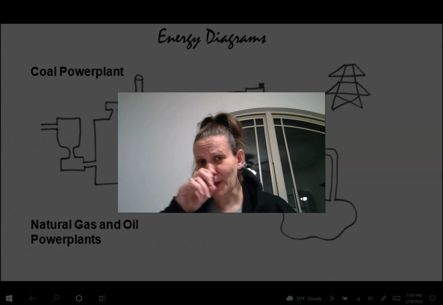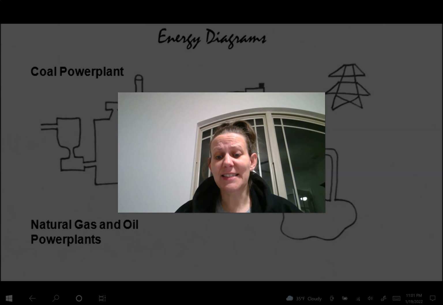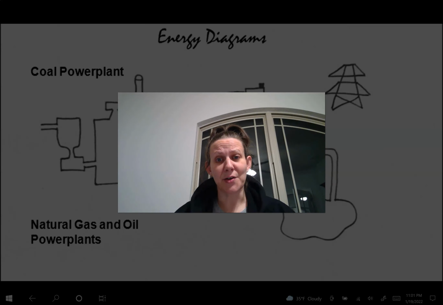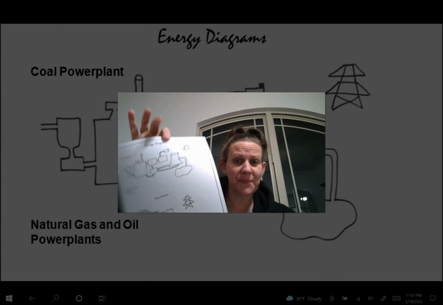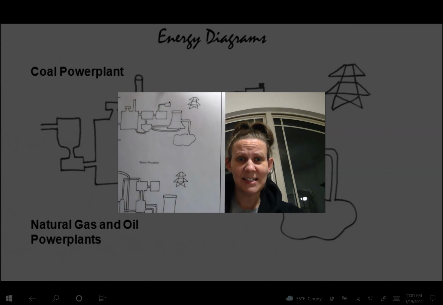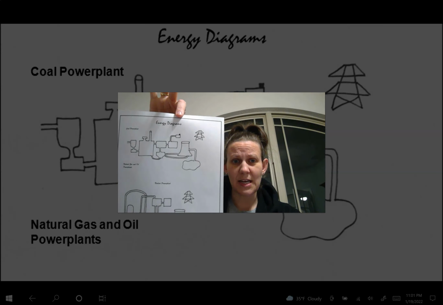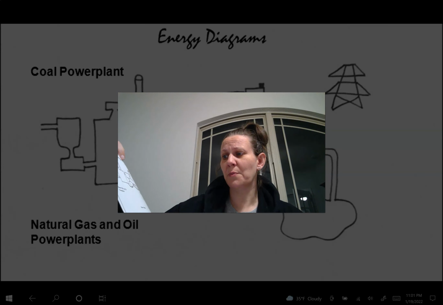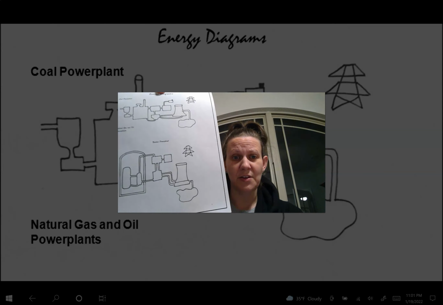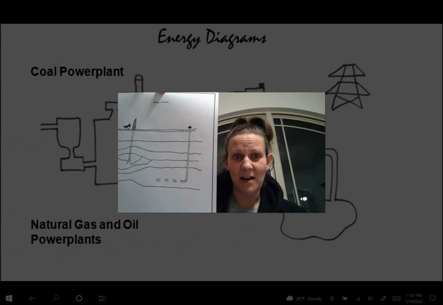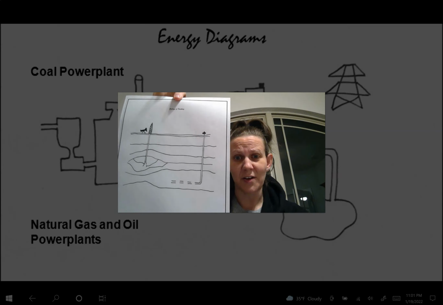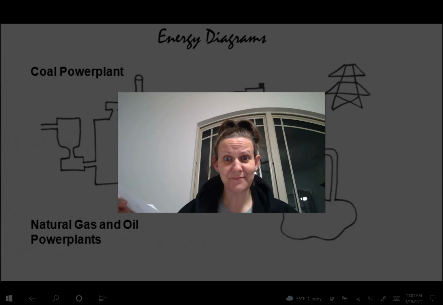Okay, so today we are going to be taking notes with energy diagrams on non-renewable resources. So you should have gotten diagrams that look like this. One is a coal power plant, one is a nuclear power plant, and one is a diagram of hydraulic fracturing, or fracking.